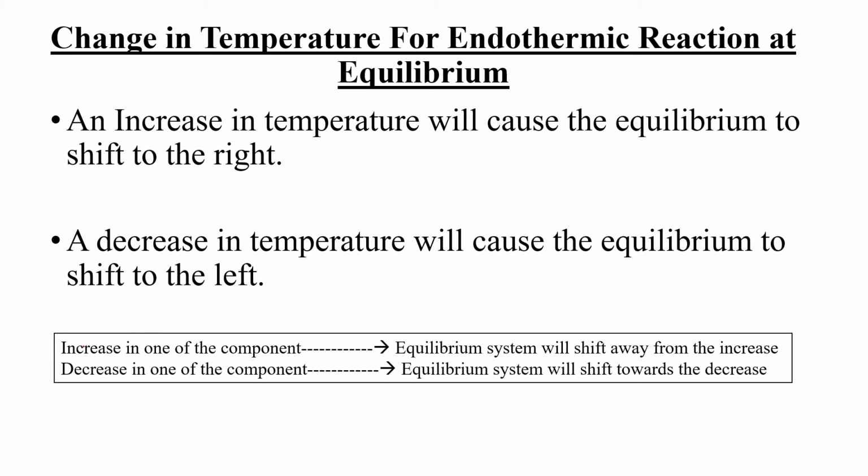You can actually memorize this statement that we used in the concentration lesson as well: an increase in one of the components, which can be concentration or temperature, and the equilibrium system will shift away from the increase; a decrease in one of the components, and the equilibrium system will shift towards the decrease. We already have learned where to assign the heat for endothermic and exothermic reactions. Now we just have to see if it is being increased or decreased.